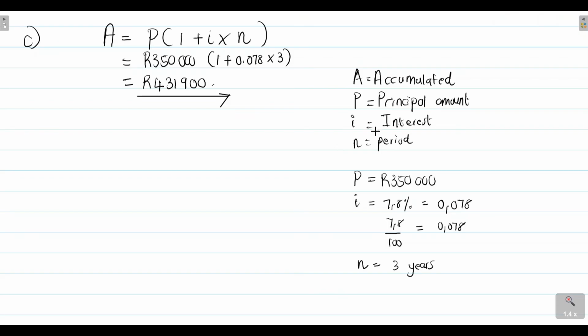We are given the interest rate, but what's important is that the interest rate needs to be written in decimal form. So if it's 7.8%, convert that percentage into a decimal. Then you multiply by your n, which is your period, and in this case it's 3 years. And then we found that at the end of 3 years, Shariah would have paid her mom 431,900.